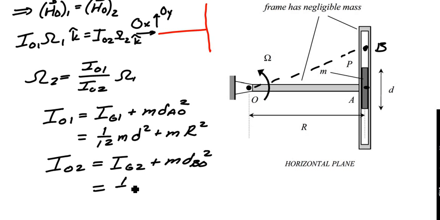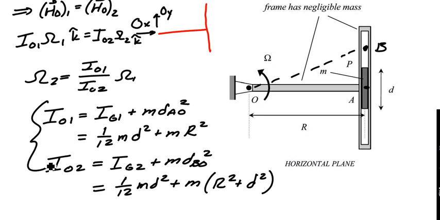Again, the I about its own center of mass won't change, so this is going to remain 1/12 m d squared. But my new distance will be the hypotenuse squared, which will be r squared plus, if we're moving a distance d, the center of mass is simply going to move up a distance d, so plus d squared. So we can take these two values, plug them right back in here, and solve for omega 2.